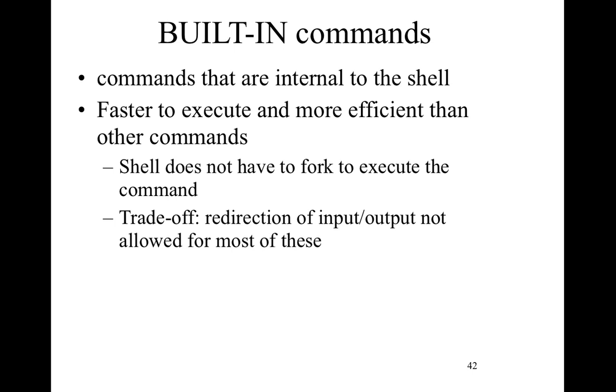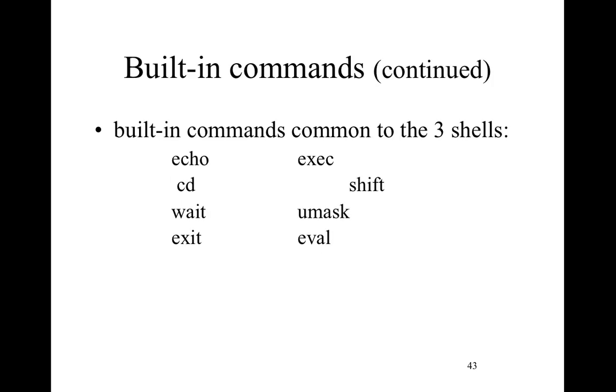The shell does not have to fork to execute the command. Trade-off: redirection of input and output is not allowed for most of these. It's hard to redirect output from one shell to another shell. It might actually be impossible unless you use a file.